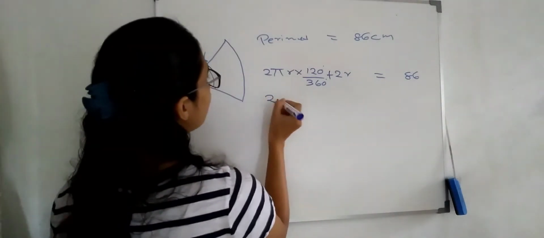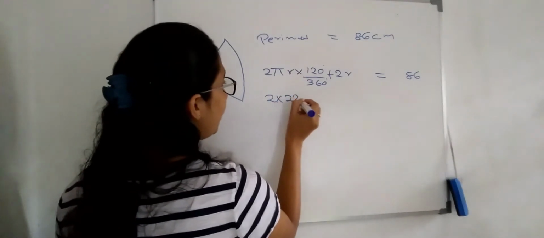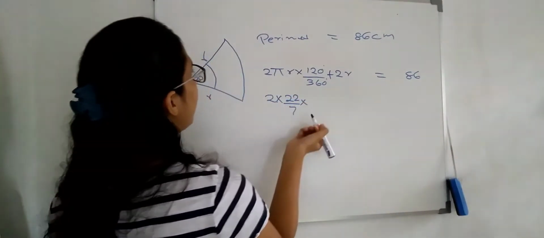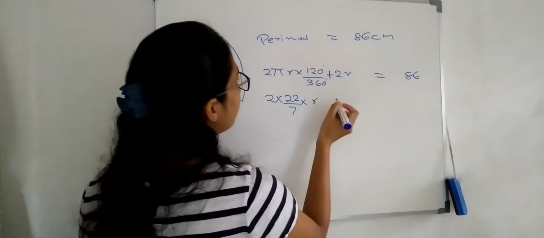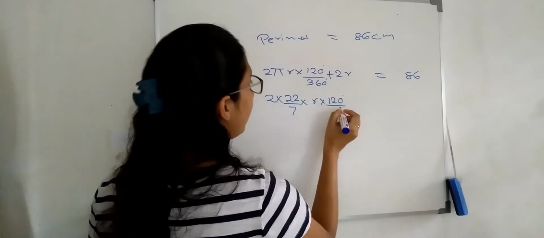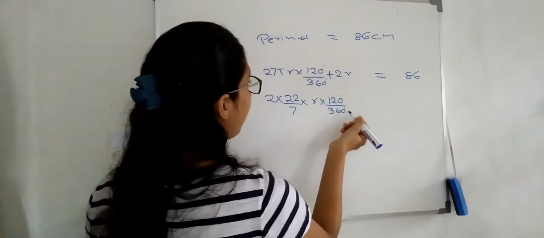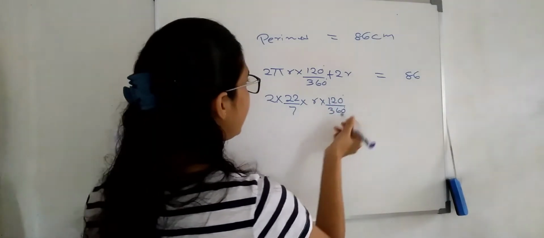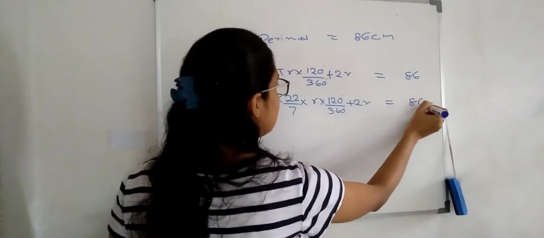So 2 into 22 out of 7 into r. We don't know the value of r. And now we can write the portion, 120 degrees out of 360 degrees, plus 2r equal 86.